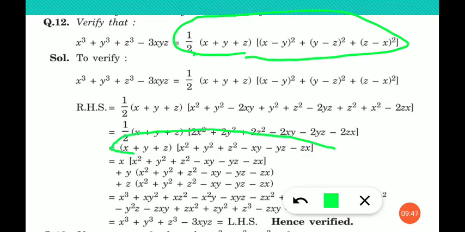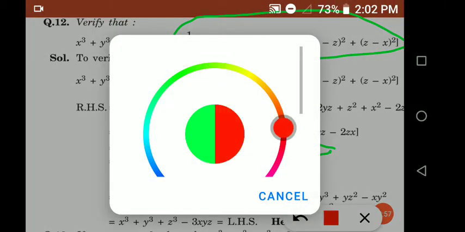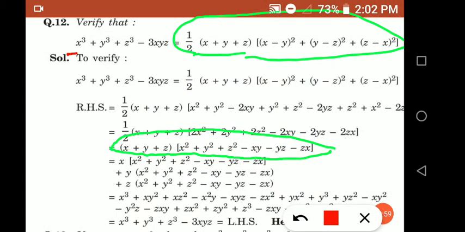And if our RHS becomes 0, then we can say that x cube plus y cube plus z cube is equal to 3xyz. Can't we say that? Yes, we can say that.